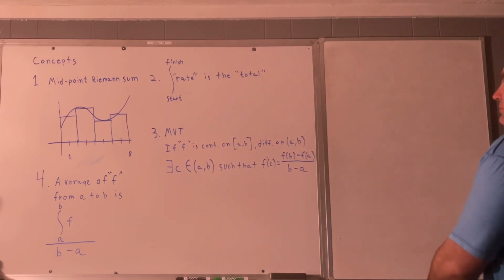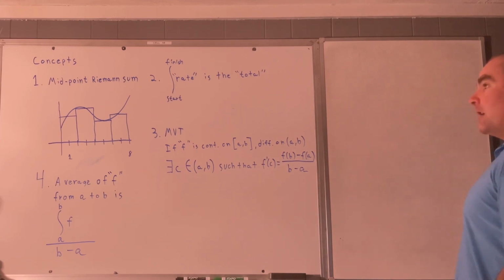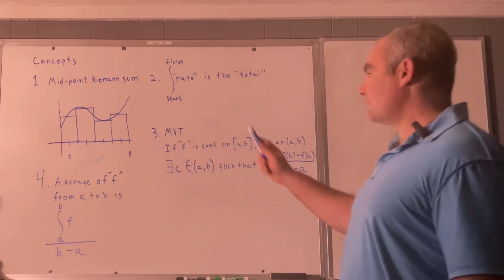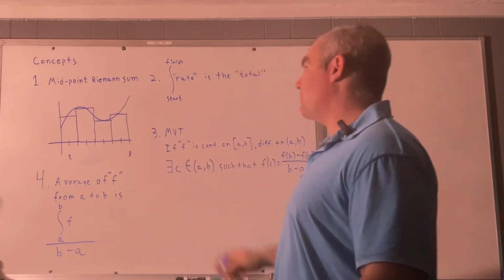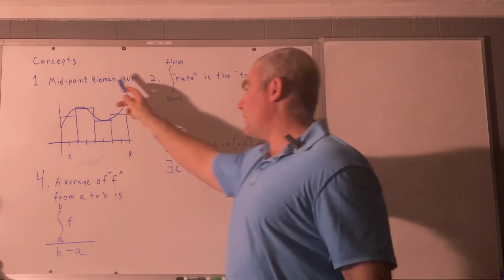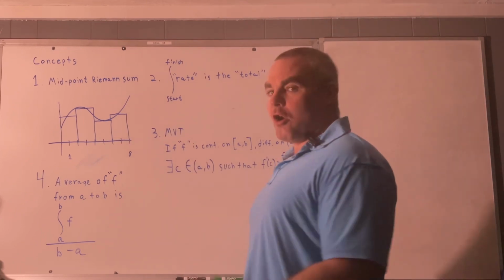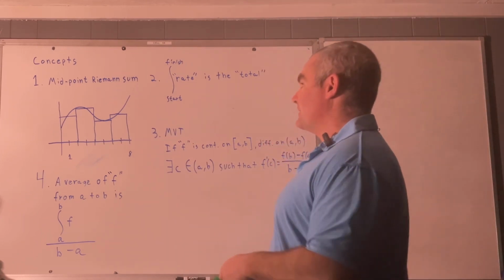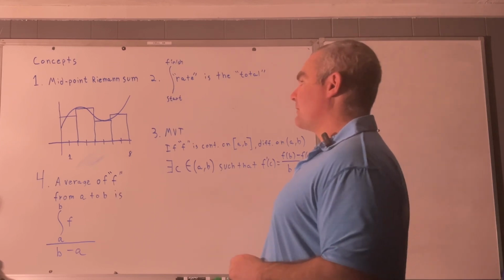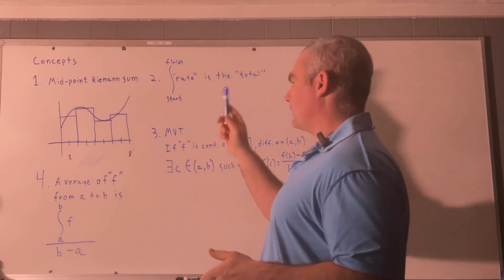Okay, so there are 2 concepts that I have listed here used in this portion of the problem. We'll start with the midpoint Riemann sum. I hope you all know what a Riemann sum is. If you're studying for the AP Calculus exam, you probably should, but I'm going to go over it really quick.